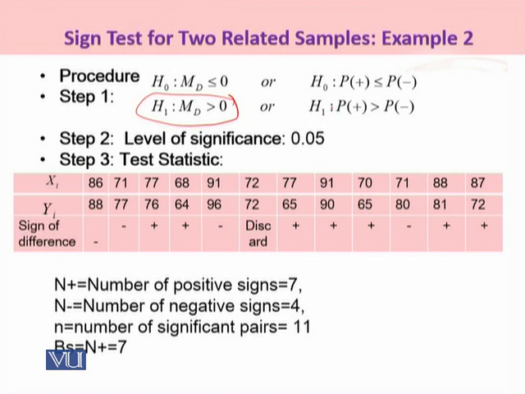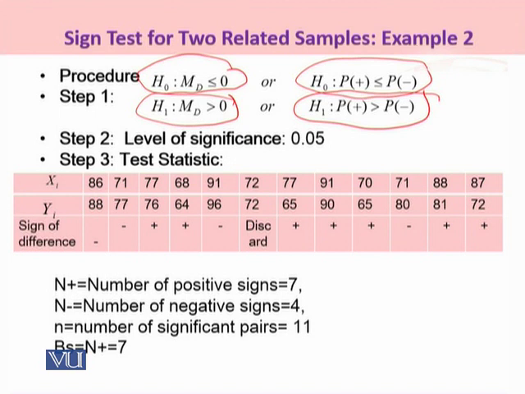So we design H naught, MD less than or equal to 0, against it. We can also construct the pair of hypotheses in the form of proportions. The alternative would be the proportion of positive signs greater than that of negative signs, whereas H naught would be the proportion of positive signs less than or equal to that of negative signs.